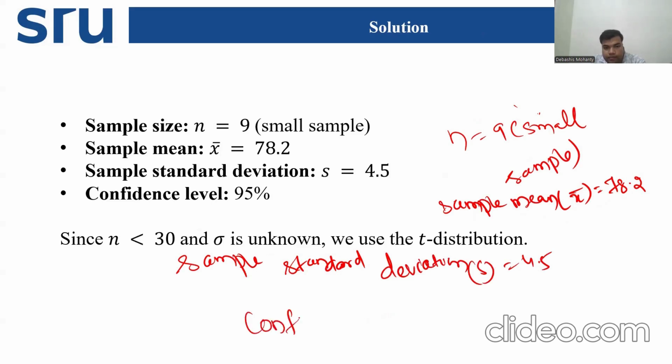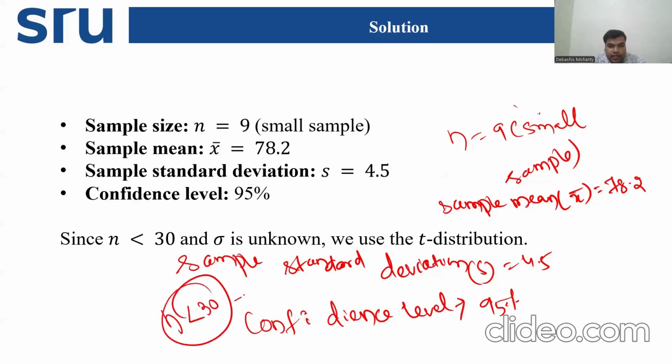Confidence level is given as 95%. So here the n value is less than 30 and sigma is unknown. Right? This is the condition.